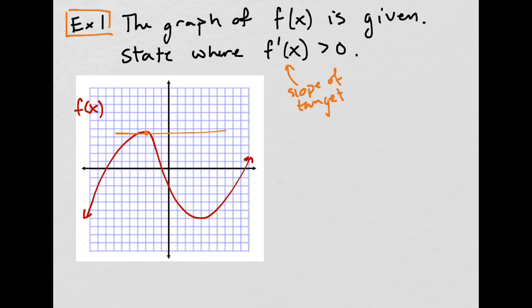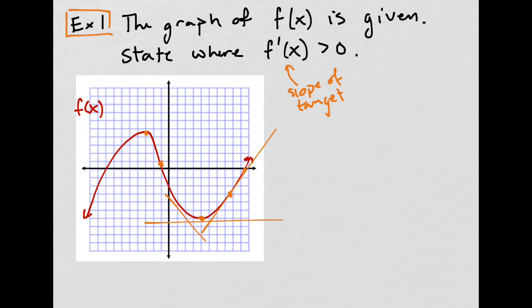Beyond this point, somewhere like right there, it has a negative slope. Still negative slope. Right here we have a 0 slope, and then here we go back to positive. So I'm just picking points on the graph and seeing whether the tangent line has a positive or negative slope. That's what I'm looking for.